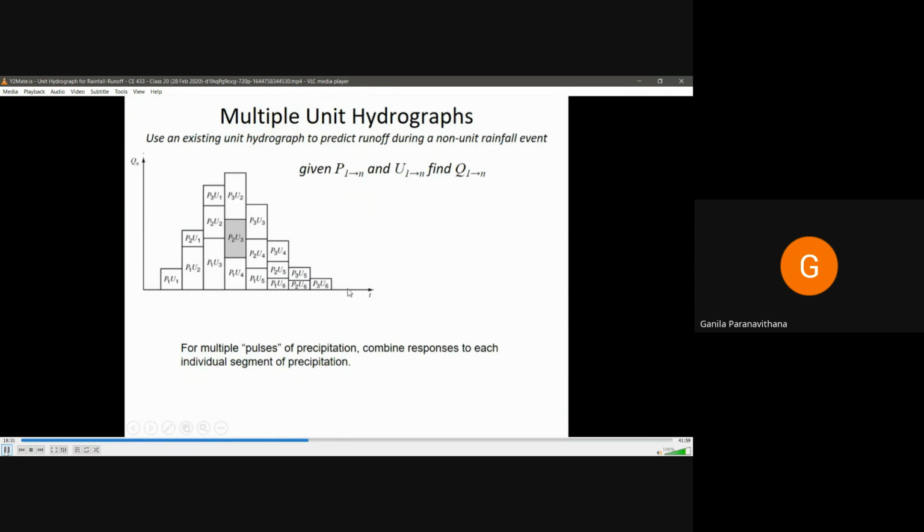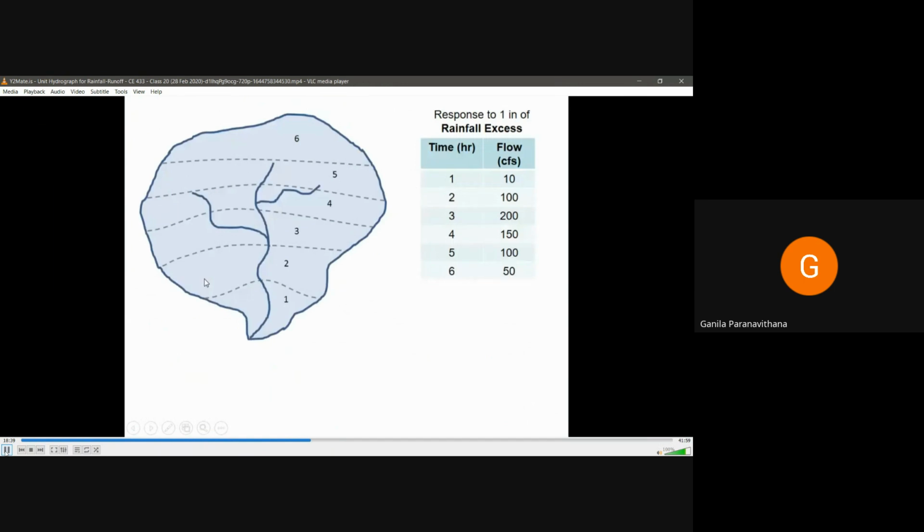You'll look at what's happening with the spreadsheet, and then we'll take another look at this figure, and I'll illustrate what this figure means. But the idea is that here is just a sample watershed. And these numbers, 1, 2, 3, 4, what this represents is the amount of the watershed that's contributing to the outflow in a given hour.